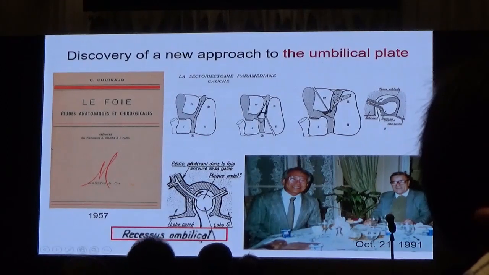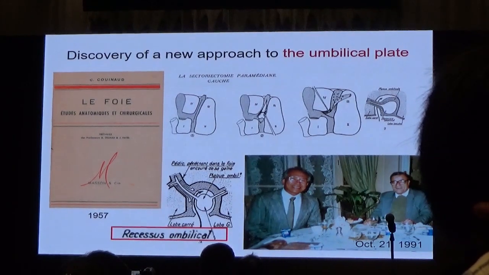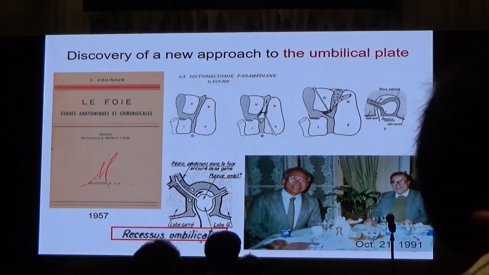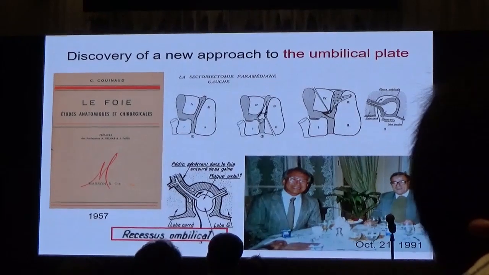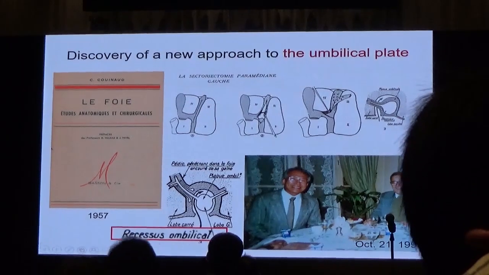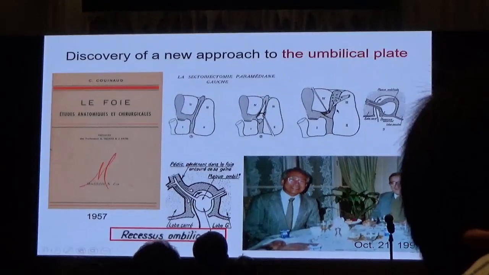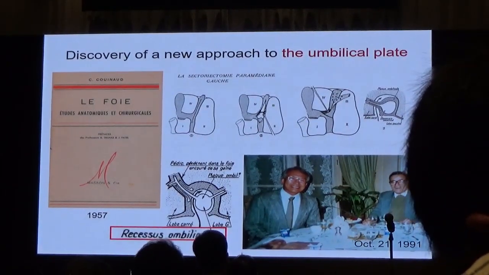We should open the right side of the umbilical recessus, open the serosa, and divide the left medial branch, the segment 4 branch, and go up behind the umbilical portion of the left portal vein. Then we can expose the umbilical plate here. This is a very important technique to perform the anatomical right trisectionectomy.